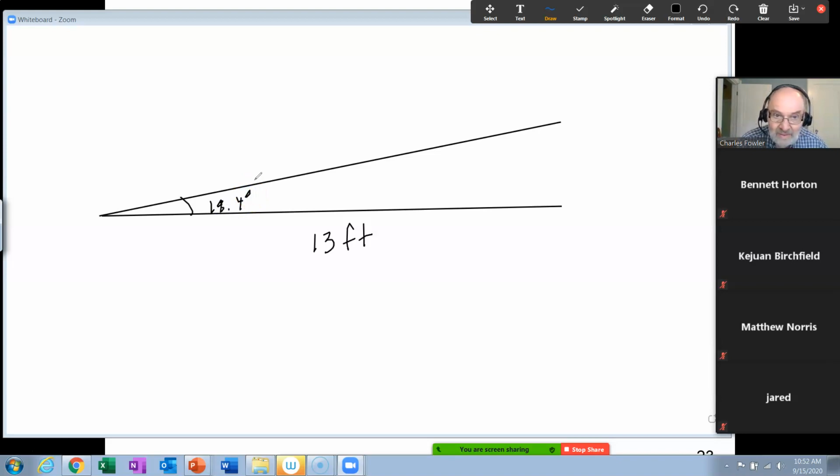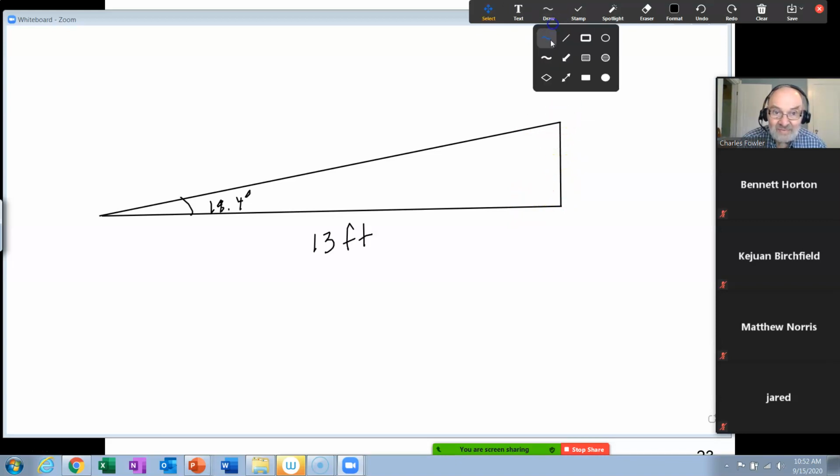Mine's not quite big enough. Okay, I also need a straight line here to go from here to there and try to make that a right triangle there. This drives me nuts. Okay, there we go.